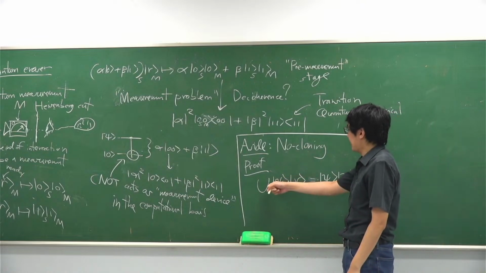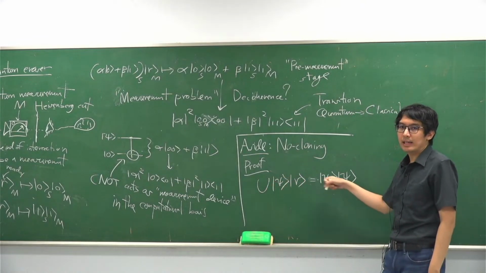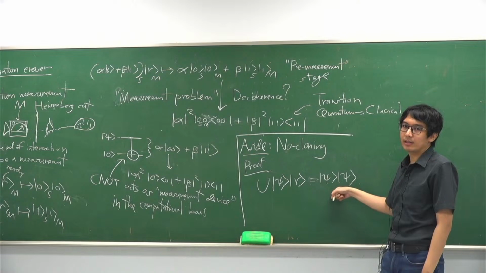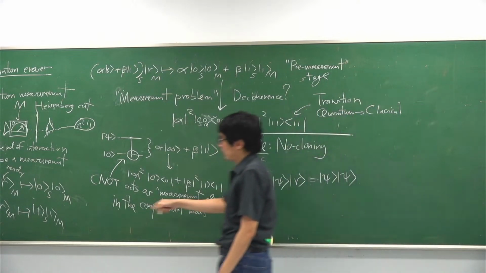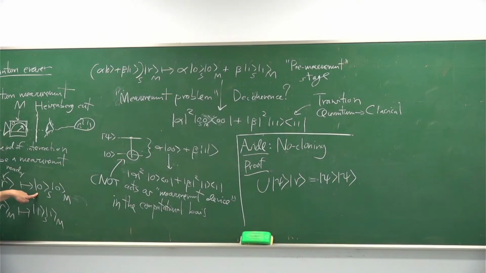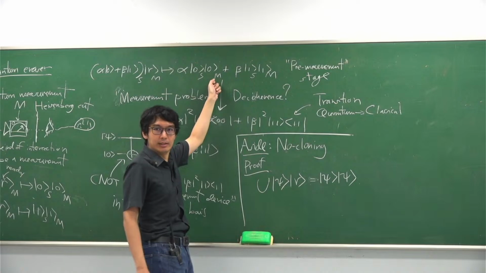And of course, I can define this in any orthogonal basis that I want. For example, we just did this here. But as soon as I apply the same unitary to the superposition, I don't get a copy. I get an entangled state instead.